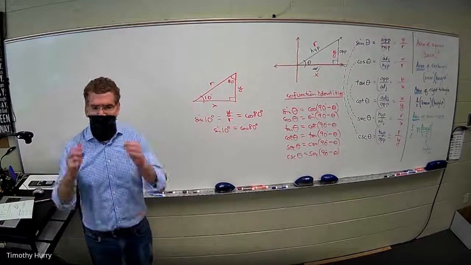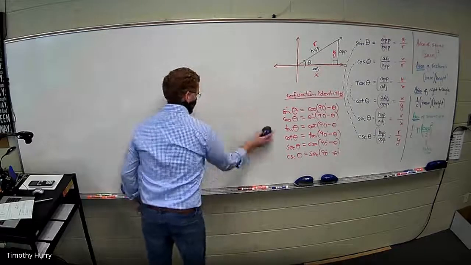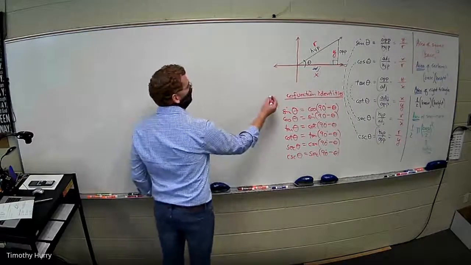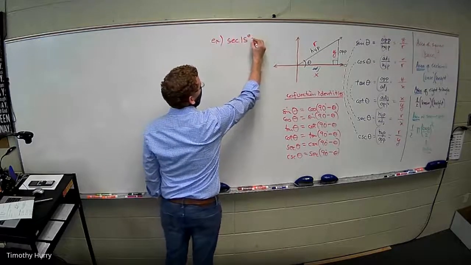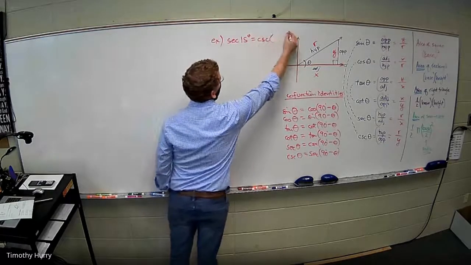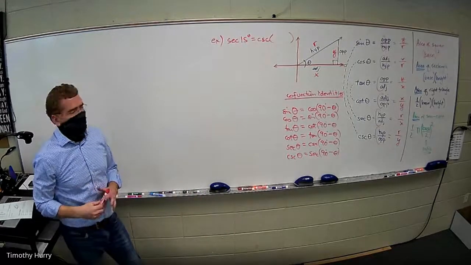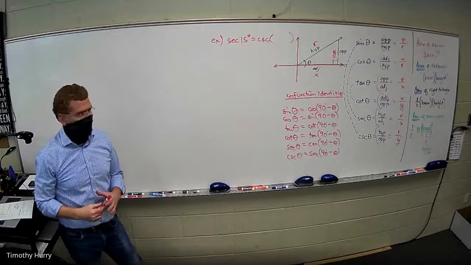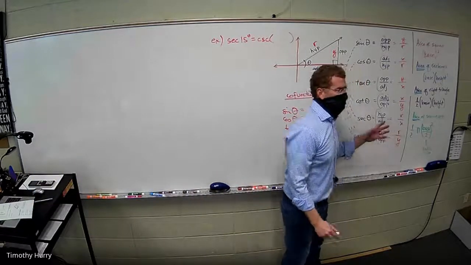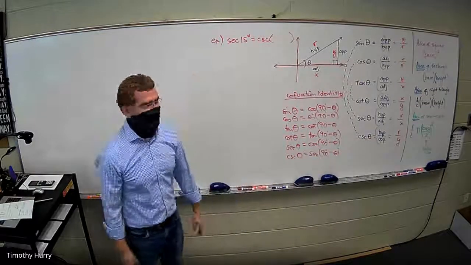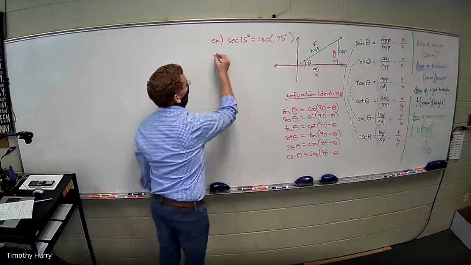Now, how do you see that on a test? Examples. Secant of 15 degrees equals cosecant of blah. And you go, wait a minute, how are secant and cosecant related? They're not reciprocals, right? Oh, the cofunction identity, 90 minus 15, 75.